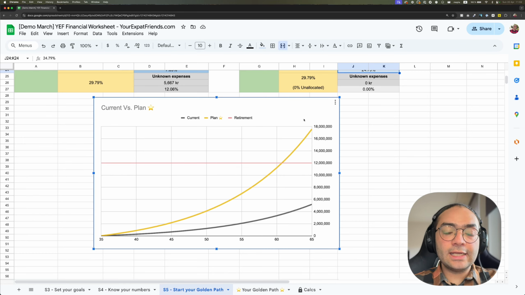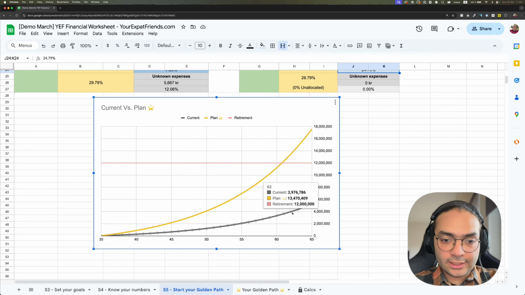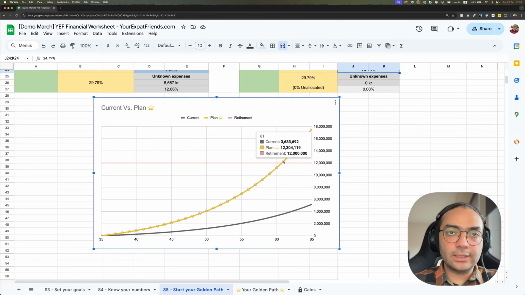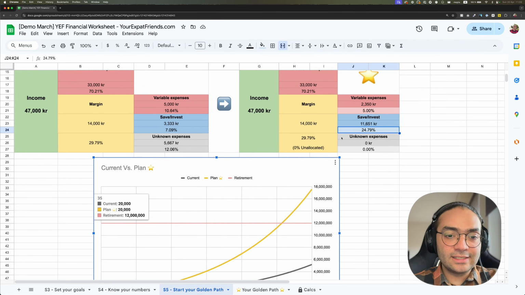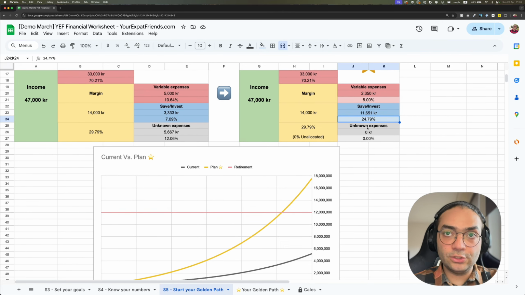In order to see that, look at the graph below. You saw the gray line. The gray line showed you what happens if you continue on your current trajectory. Now the yellow line shows you what happens if you start doing this. If you make this change in your life, if instead of spending 10%, you spend 5%, and then you account for all these unknown expenses as you put all of it towards investing, so 24.7% into investing.